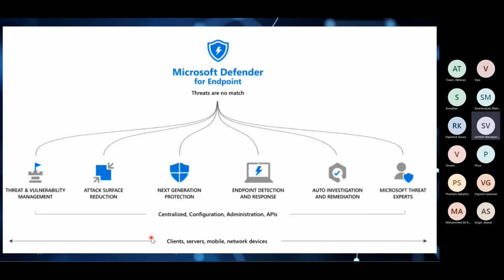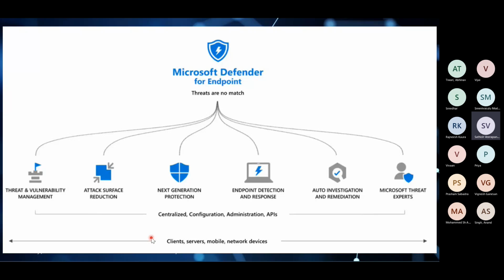Windows clients, Windows servers, Linux servers, Mac OSs, mobile, Android, iOS, and also the network devices. For instance, you have a network appliance which is running on Ubuntu, or even on Windows. Then if that network appliance is capable of onboarding to Windows Defender, just installing an agent on them would help them report to Microsoft Windows Defender.